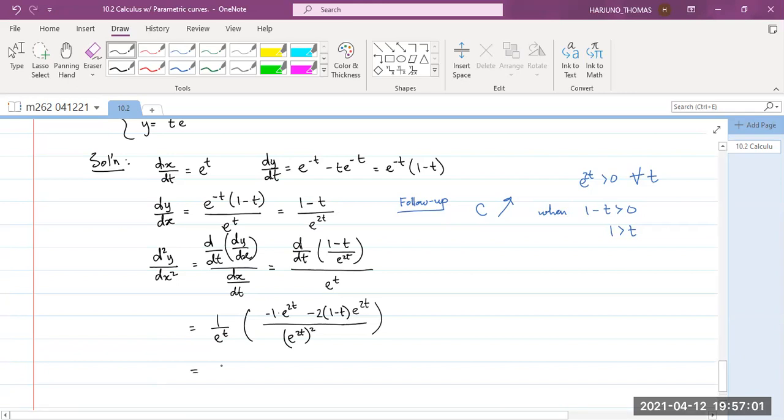So we get 1 over e to the t, here the denominator e to the 4t, on the top we get negative e to the 2t minus 2e to the 2t plus 2t e to the 2t. Something factors and cancels. The denominator is e to the 5t, yet on the top I get negative 3e to the 2t plus 2t e to the 2t. Cancel e to the 2t.